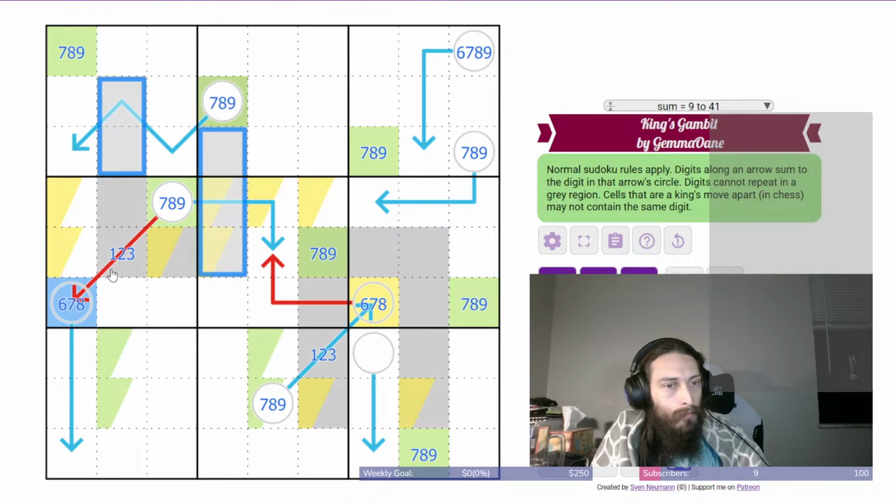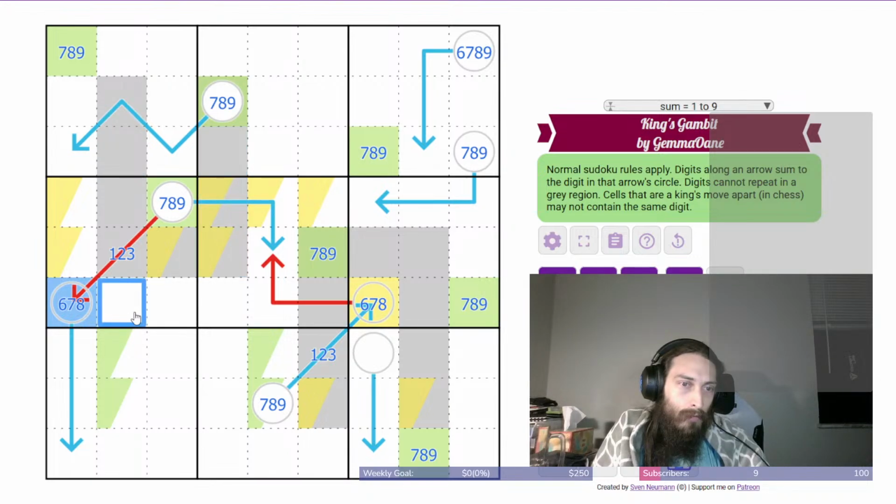Blue can't be on its arrow, because if it's on its arrow, at least in the first spot, it would have to be the 6, and green would have to be 9, but then that would be 1, 2 on. Oh no, because they could both be, the 1 could overlap for the red. Never mind. I was going to say that would prevent a 1 from being on the red arrow, but no, they share a box. Ugh.